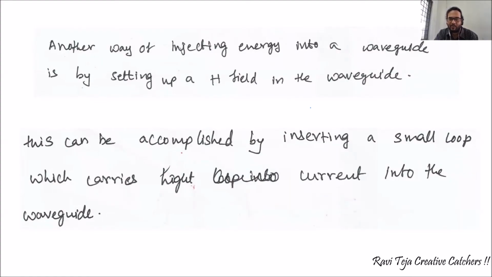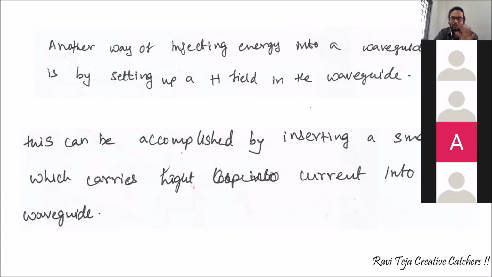If you want to generate an electric field, you need to go for coupling probes. Coupling probes and coupling loops are used as antennas to either transmit the signal from the waveguide or the cavity resonator, or to receive the signal from the outside into the waveguide or cavity resonator.